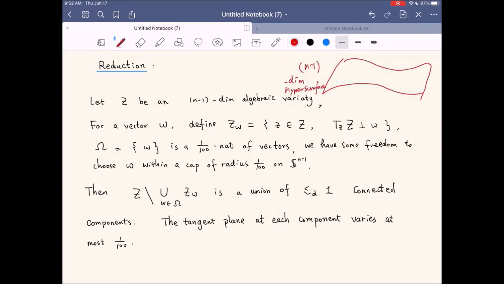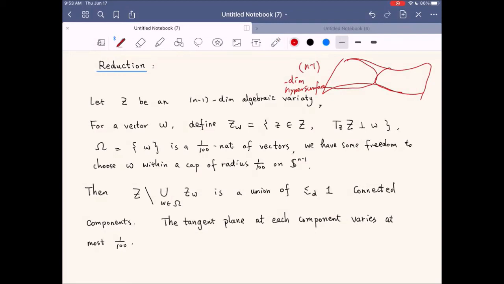And then we can chop this surface into pieces such that each piece of this hypersurface will have tangent plane close to a hyperplane, like 1/100 close, not super close, but close.